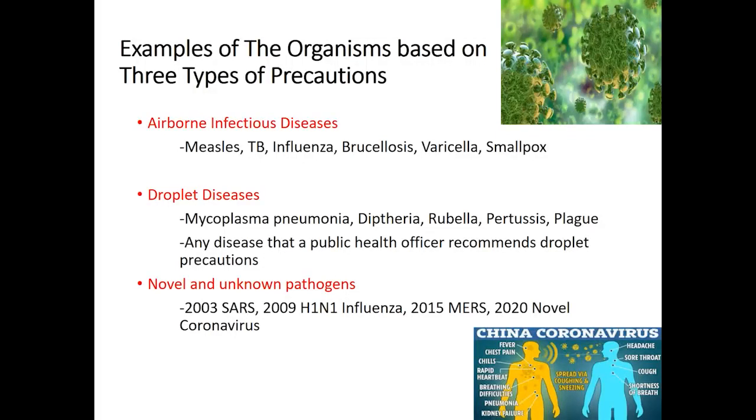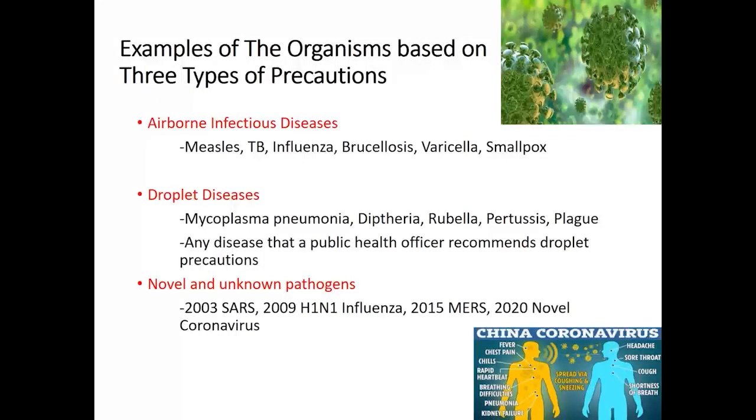So whenever you have a new organism, virus, bacteria, fungus that you've never seen before, maybe until they know or have enough information to decide where it should fall in the transmission-based precaution spectrum, they may put it as droplet or they may put it as airborne and later downgrade it until there's significant data. And local health commissioners have been tasked in public health to make these decisions.